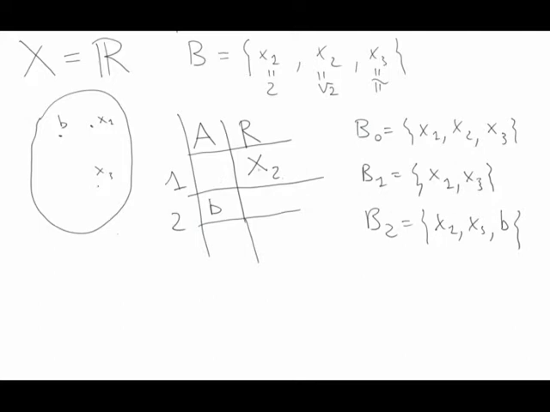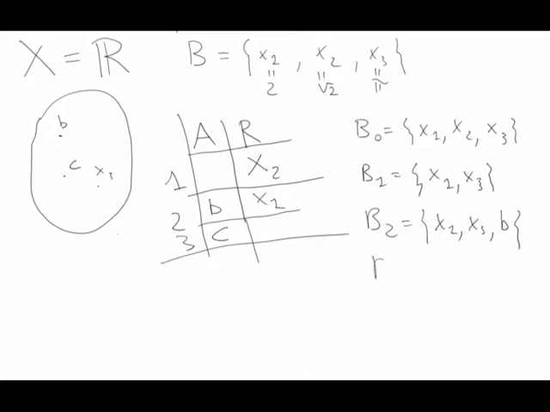Again, remover will remove 1 point, so consider we remove x1, and adder will add another point. It can take any other point outside b and x3. Say that at stage 3 we add a point g, and remover again will choose.